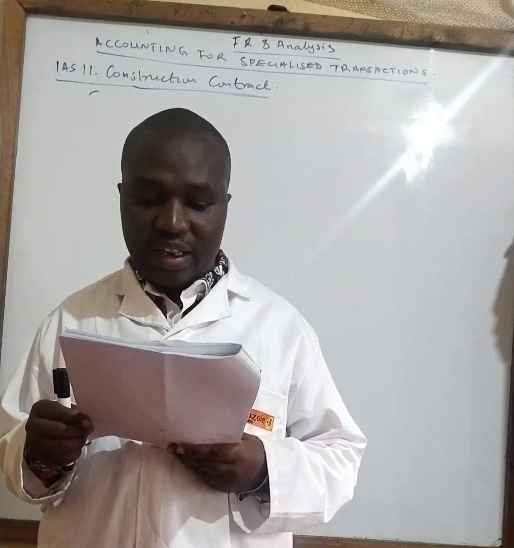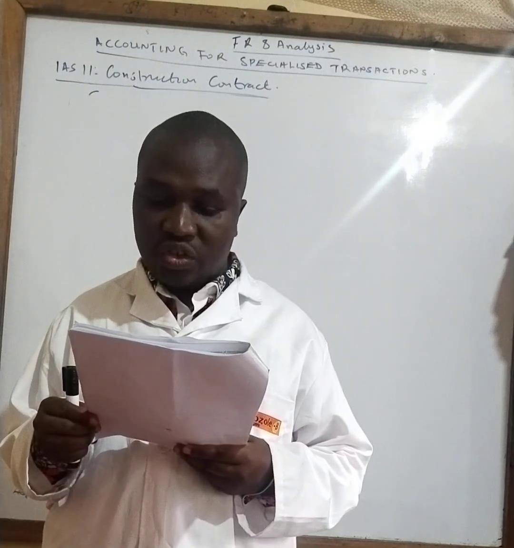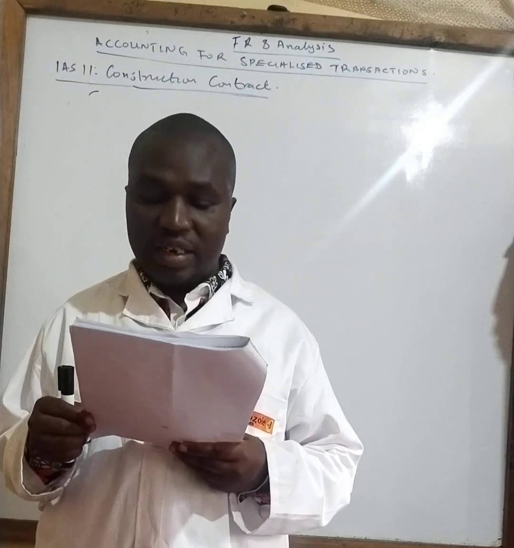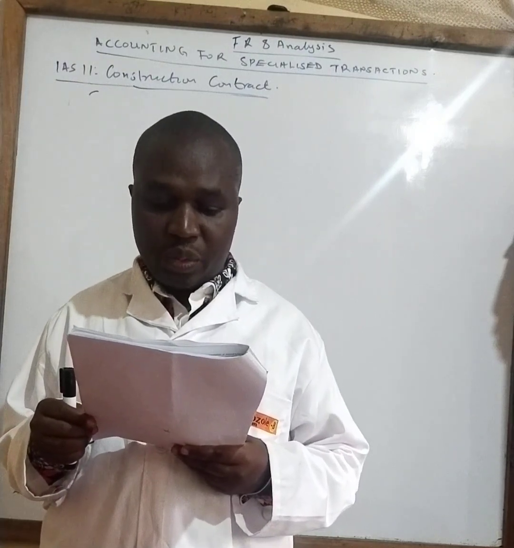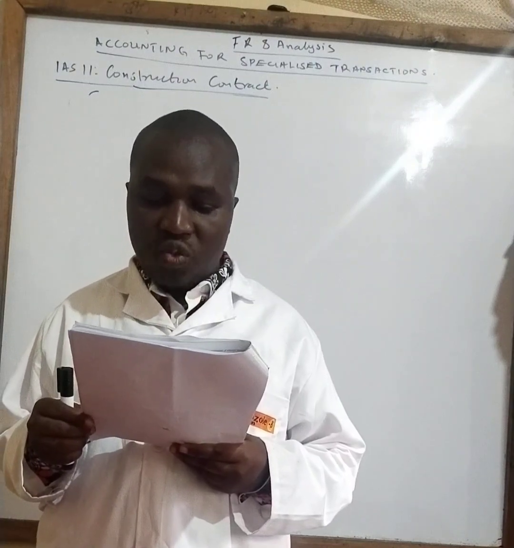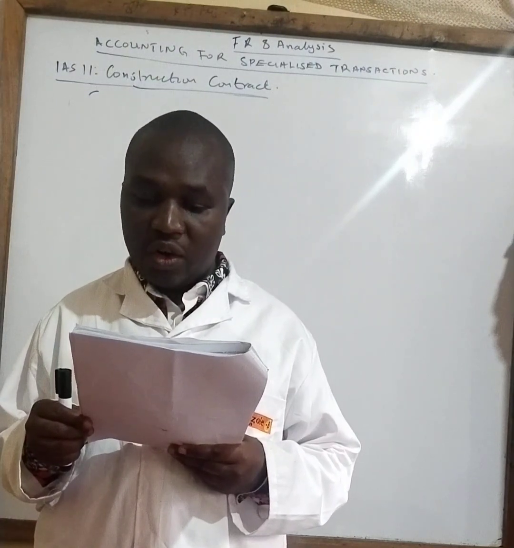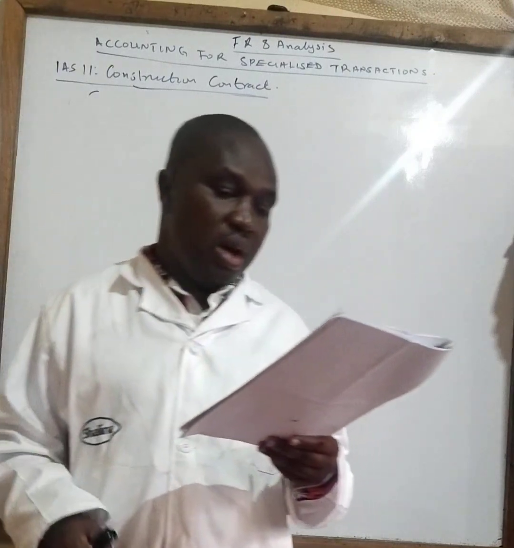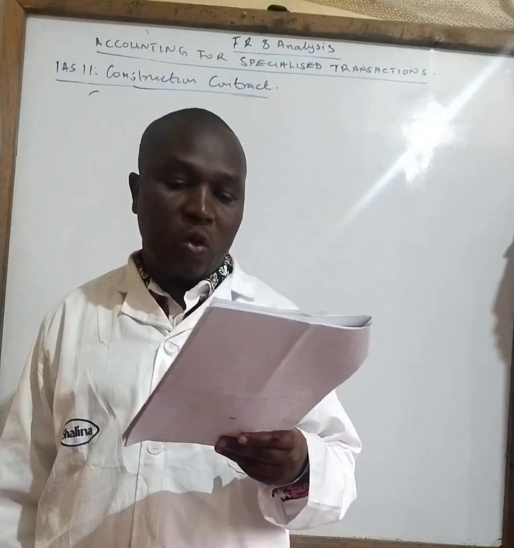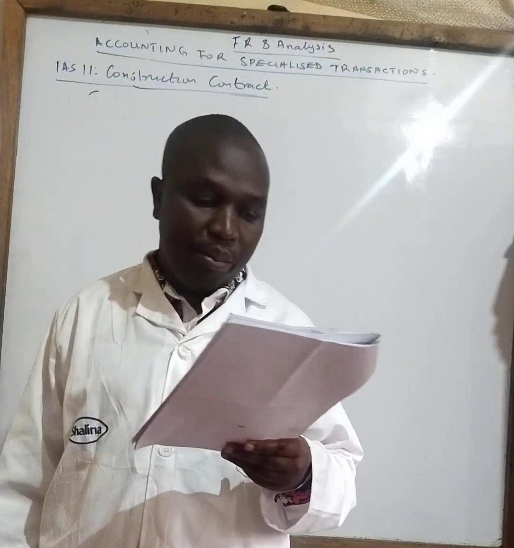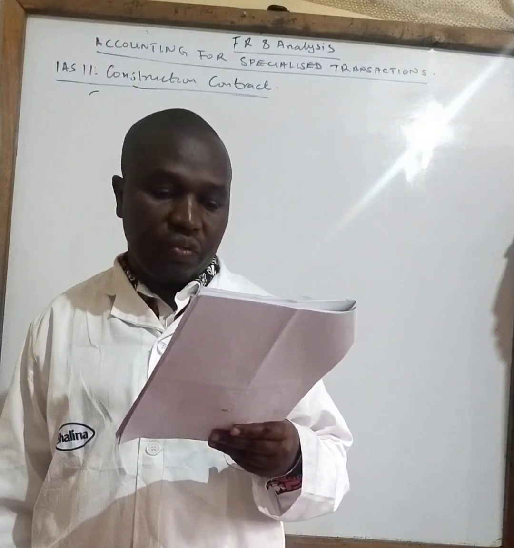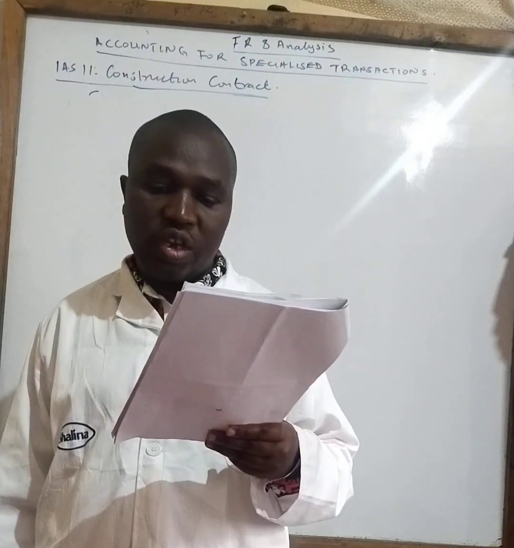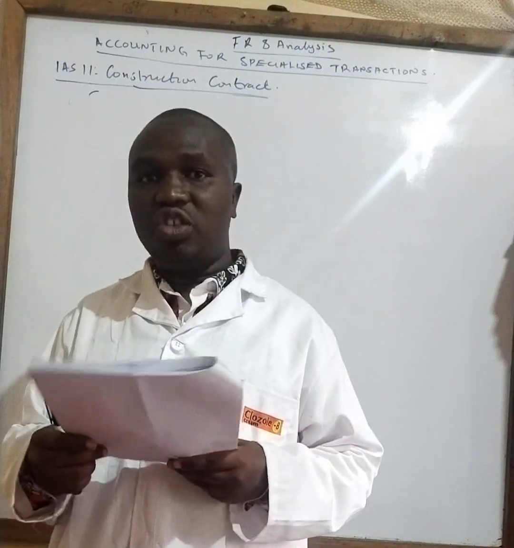It is estimated with reasonable certainty that further costs to completion in 20x6 will be 600,000. What is the contract profit in 20x5 and what entries would be made for the contract at 31st December 20x5? A, profits are deferred until the completion of the contract. B, a proportion of the estimated revenue and profit is credited to profit or loss in 20x5. So that is the question you have been given.